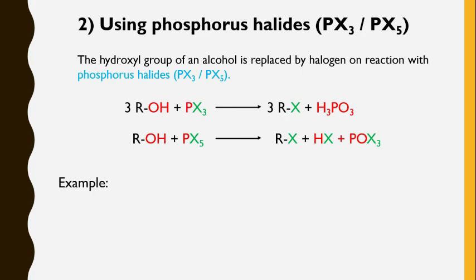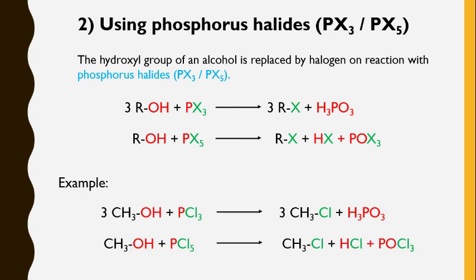Now see the example. We are going to see the example directly. This is the first example, in which methyl alcohol or methanol, when treated with PCl3, forms methyl chloride, and see the side product, H3PO3.